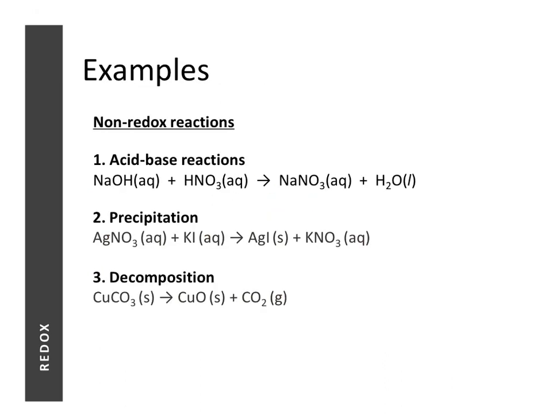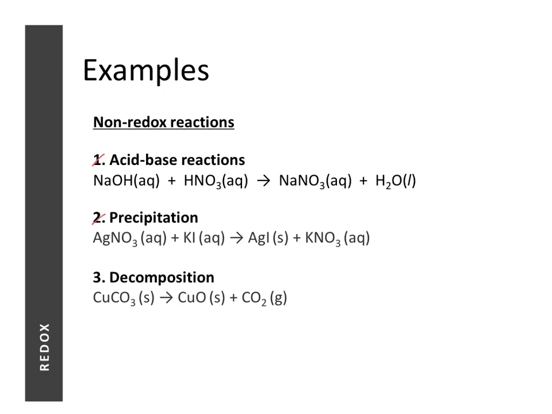Now, another common type of question that you will get is that you get a whole list of reactions and they ask you to identify which reactions are redox and which reactions are not. So it's very useful for you to remember that there are 3 types of reactions that are not redox in nature. And the 3 types of reactions are acid-base reactions. So when you see acid reacting with a base, such a reaction is not redox in nature.